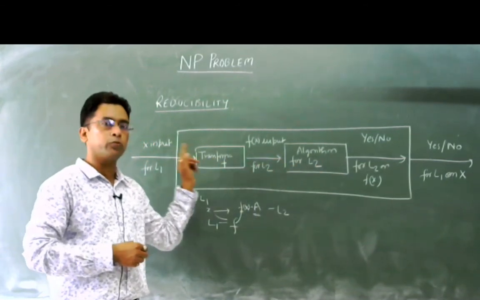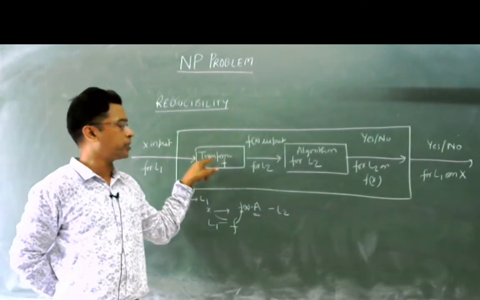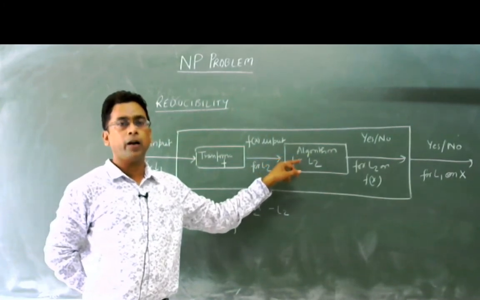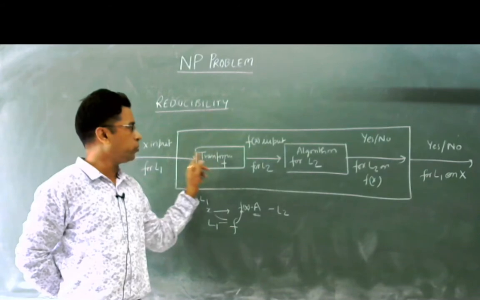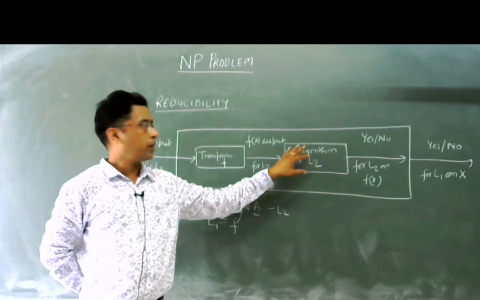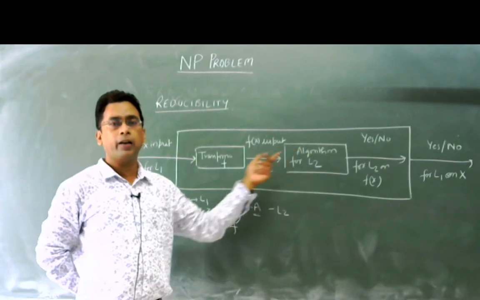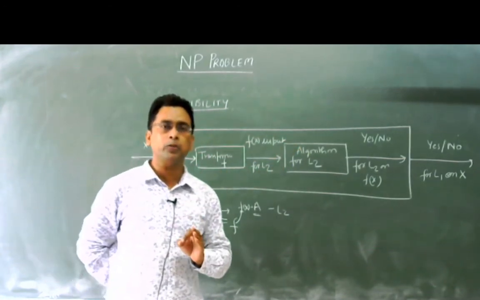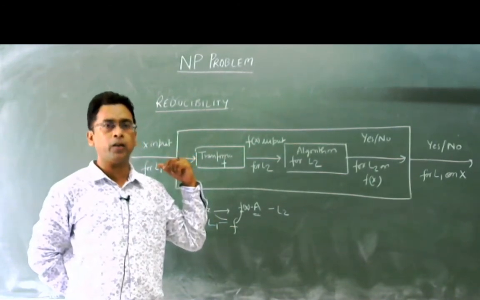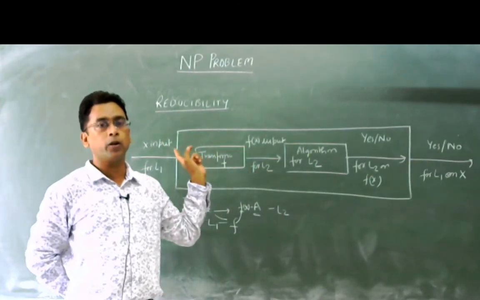Then if there is a transformation function which can convert the acceptable input of L1 into the acceptable input of the decision problem L2, we shall use this transformation function and reuse the algorithm for problem L2 to design the algorithm for language L1. Means you have the algorithm for language L2, but there is a relation between the input accepted by L1 and the input accepted by L2. Then you can design the algorithm for L1.